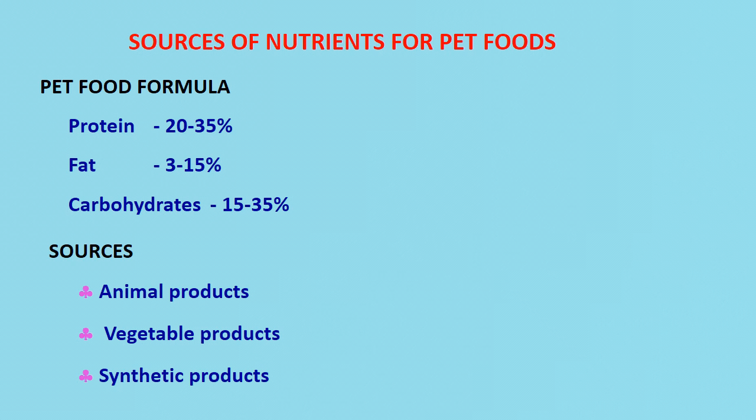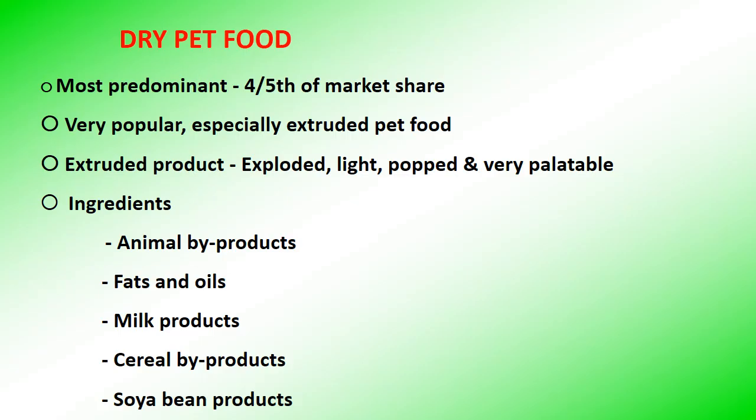So these are the basic aspects for formulation of pet foods as per their nutrient requirement and the source of these nutrients. Here briefly we will talk about the dry pet food, and in a later lecture we will discuss in detail about their processing.